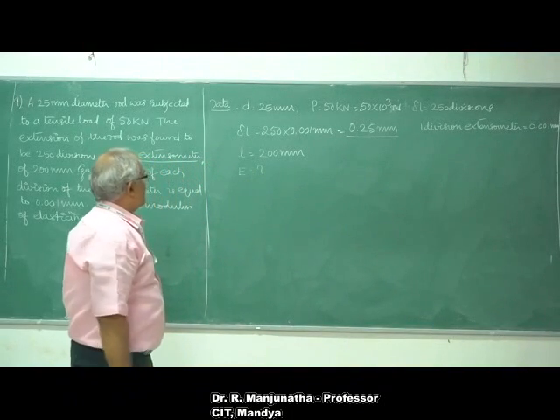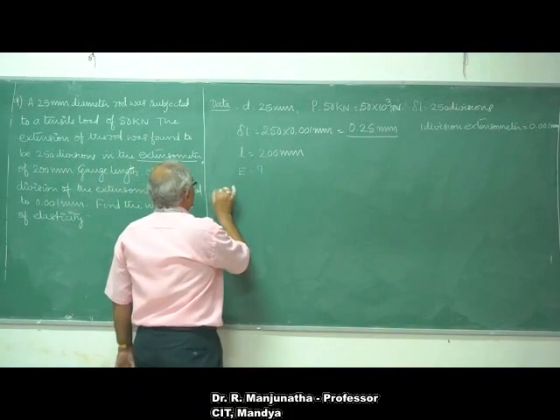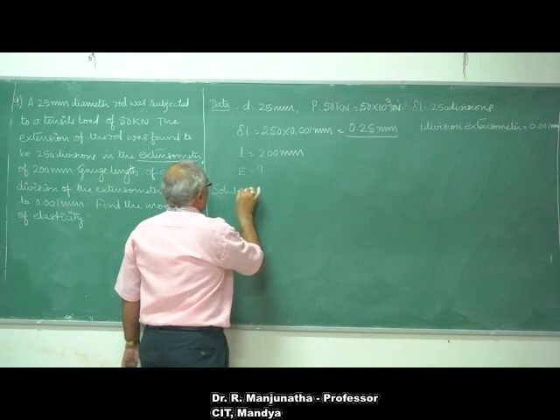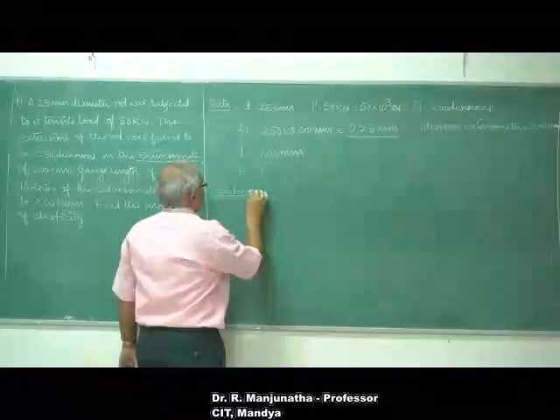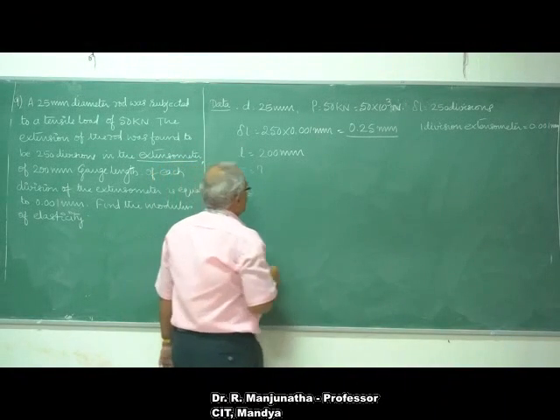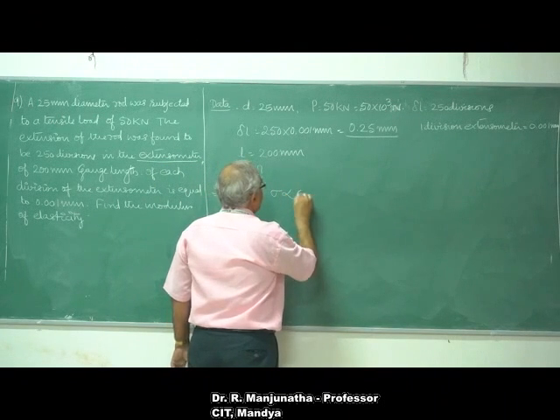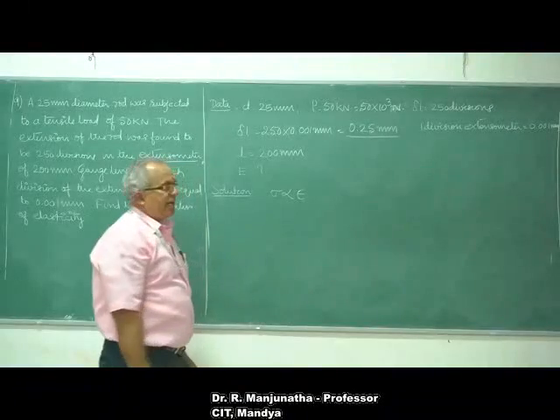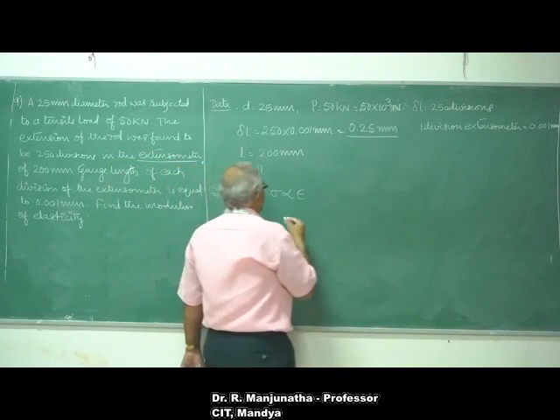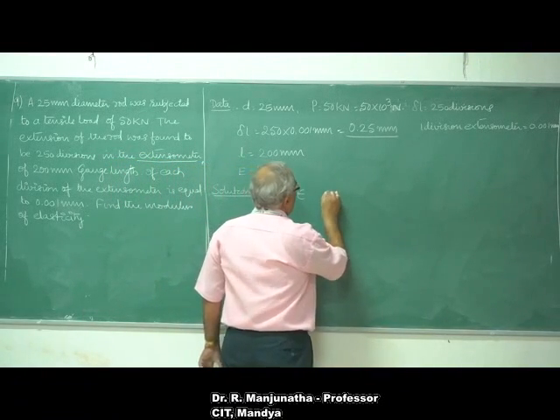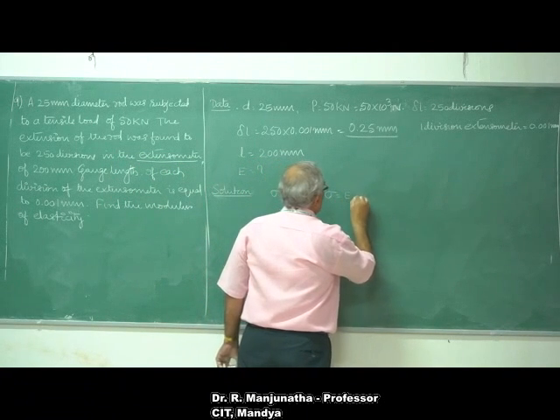To find this, first we are going to write the solution. What is the modulus of elasticity? We know that stress is proportional to strain. So if I want to know the proportionality, sigma will be equal to E into epsilon.